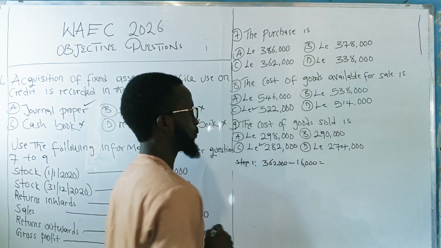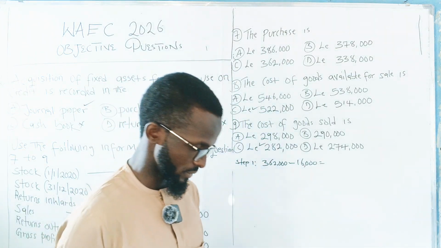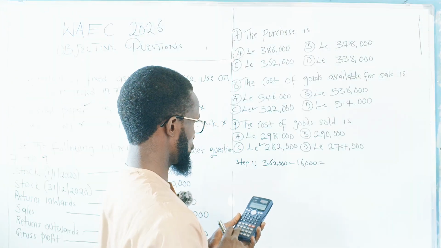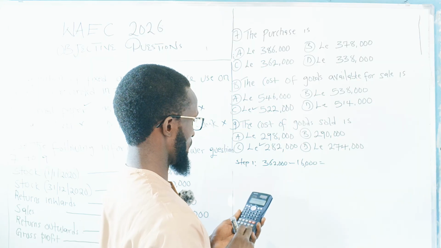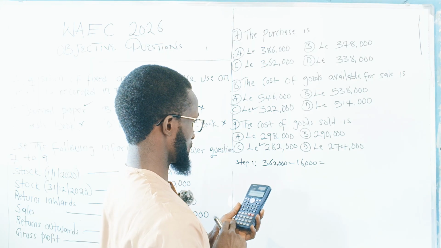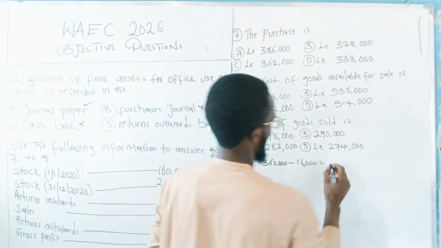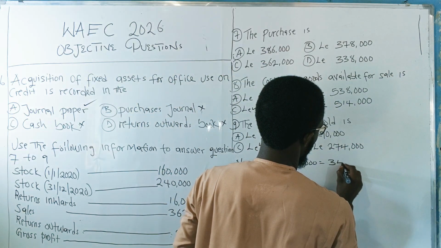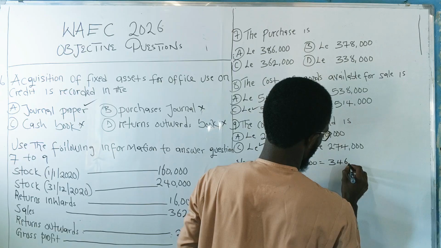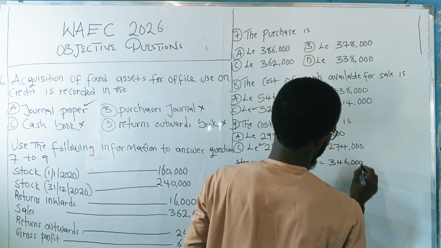The answer will be our net sale. 362 minus 16,000, we have 346. Our net sale is 346,000 lei.